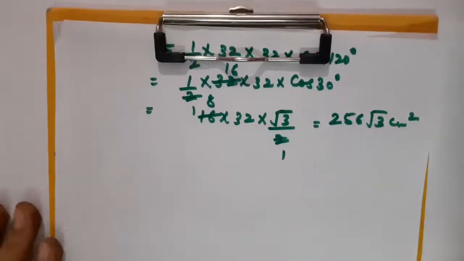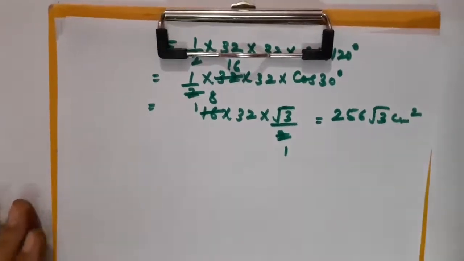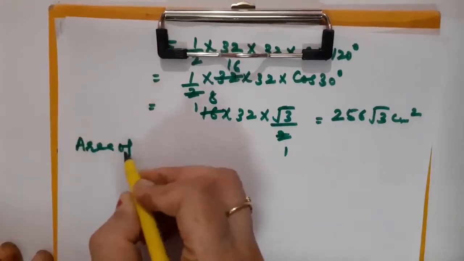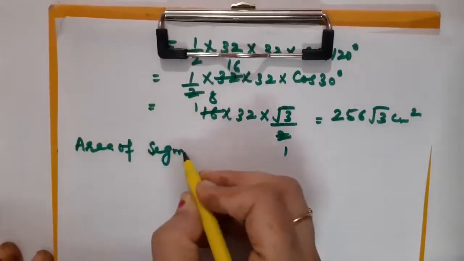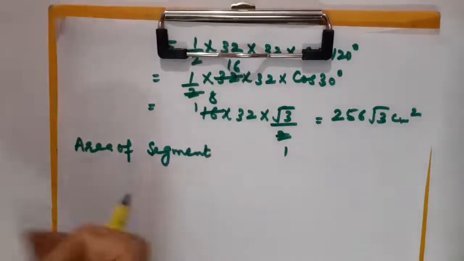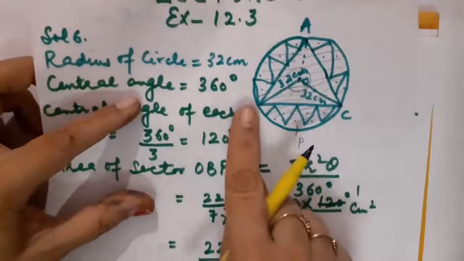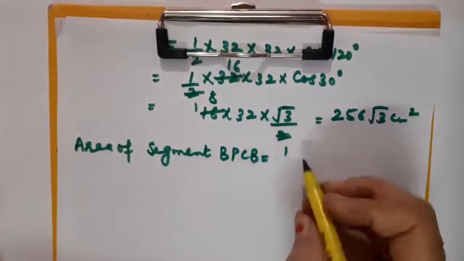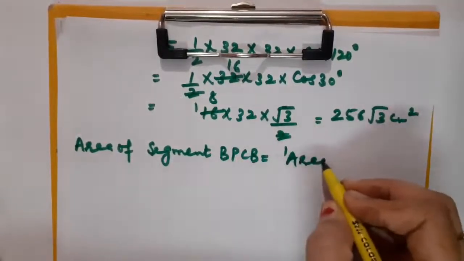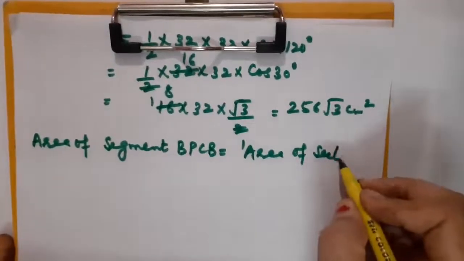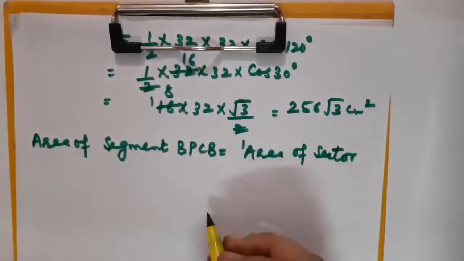Now children, area of sector we have calculated. We have calculated area of triangle also. So this is the time to calculate area of segment. What is the name of the segment? Please look here. The name of the segment is BPCB. So what will be the formula? Area of sector, what is the name of the sector?